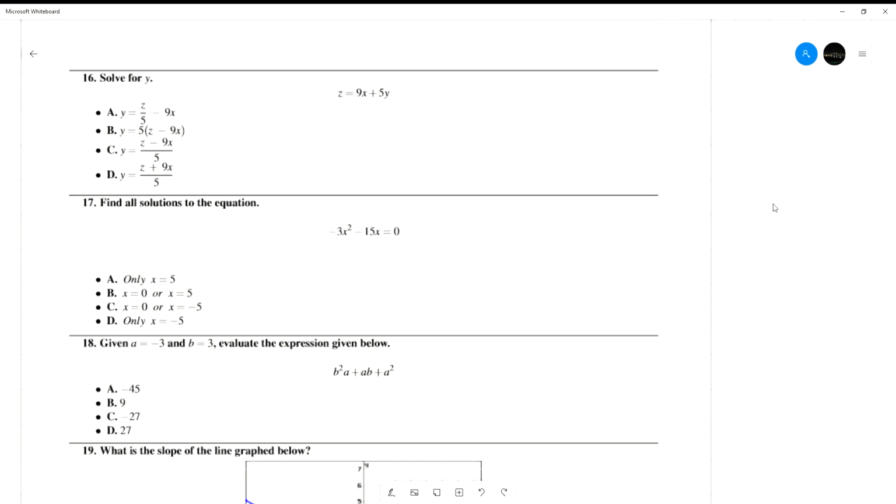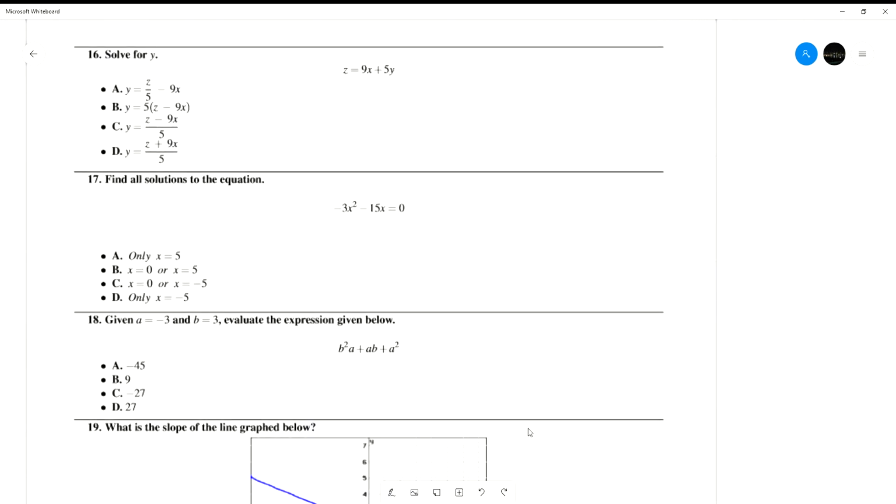All right, number 16. Oh, sorry. 16. Literal equation. We're solving for y, right? I see y is on the right hand side, so I need to get y by itself. Okay? So I'm going to subtract this 9x. Z minus 9x is equal to 5y, and divide both sides by 5.